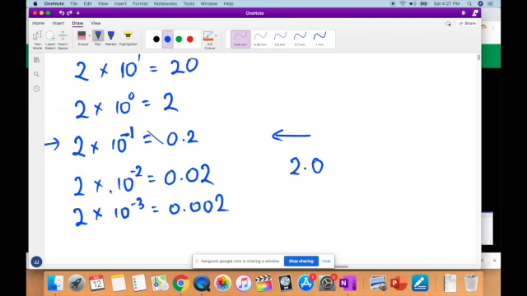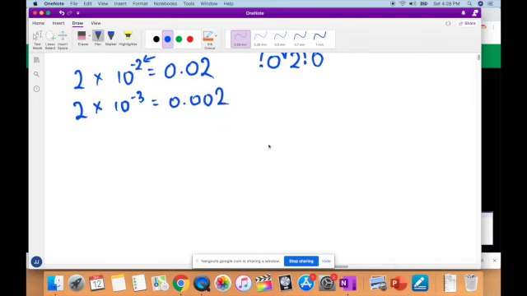So it's going to move, because this here is a 2, it's negative, so that means the decimal space is moving that way. And it's going to move that way by 2 spaces. So now we end up with 0.02.